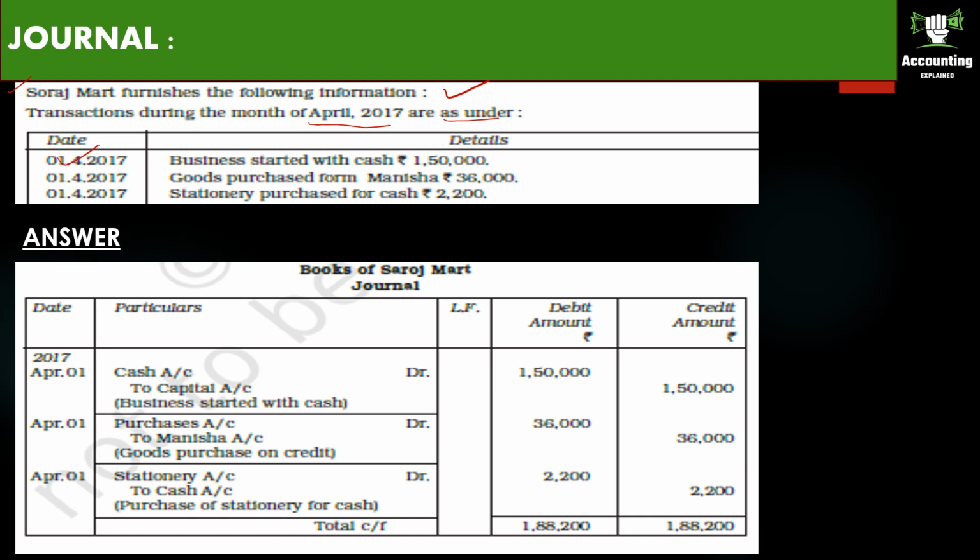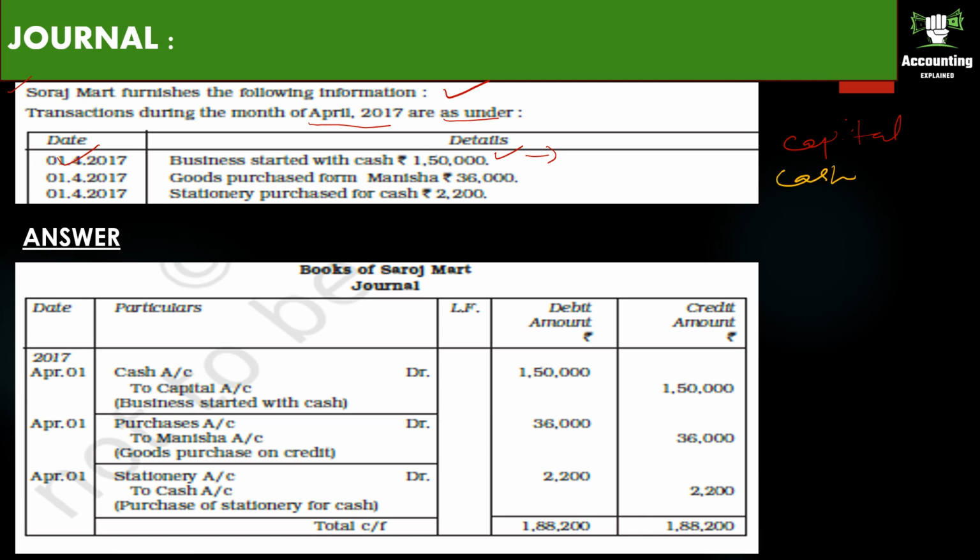1/4/2017. Business started with cash. When you start a business, the money the owner brings in is called capital. This we have seen in the last video itself. So the money brought in by the owner is called the capital, and he is bringing it in what form? Cash.